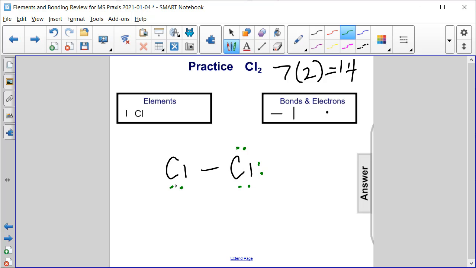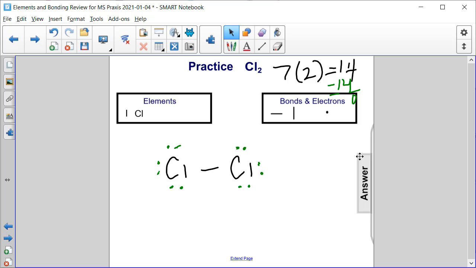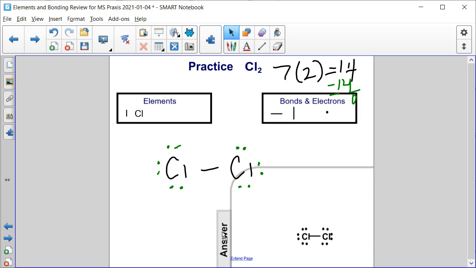And I do the same thing over here, 2, 4, 6, and then this pair that's shared makes 8. So I've drawn a total of 14 electrons, 1 bond, and then 6 lone pairs, or 12 electrons. So I've used all 14 electrons. Each chlorine atom is stable, and this is a complete Lewis structure for Cl2.